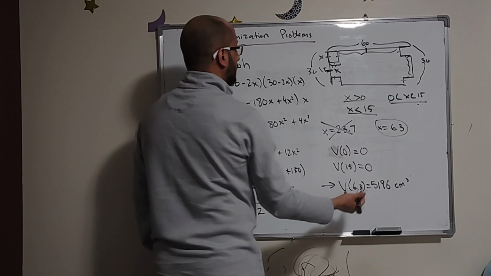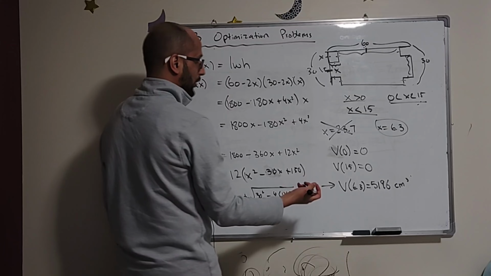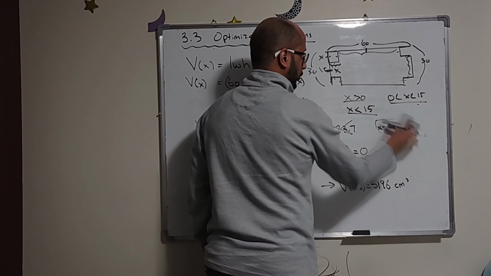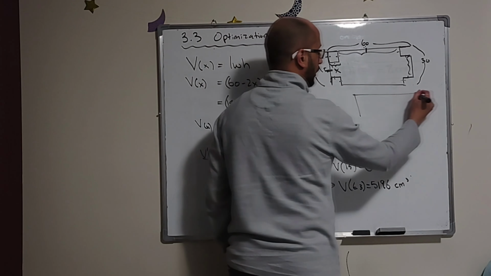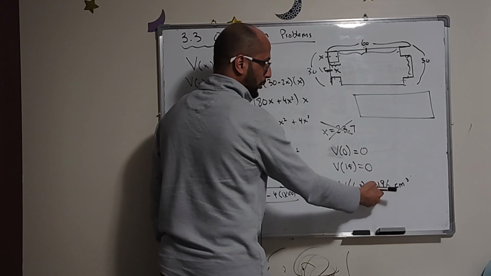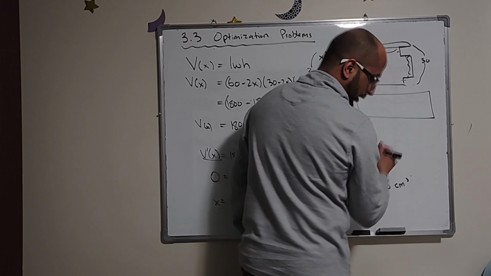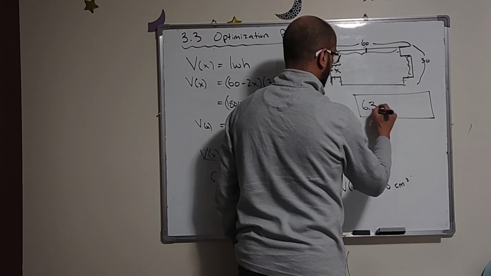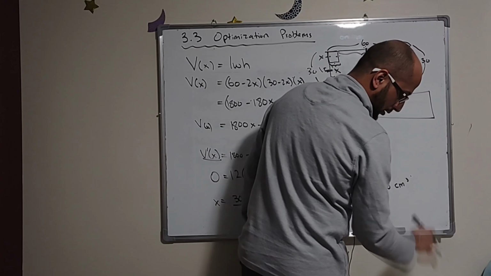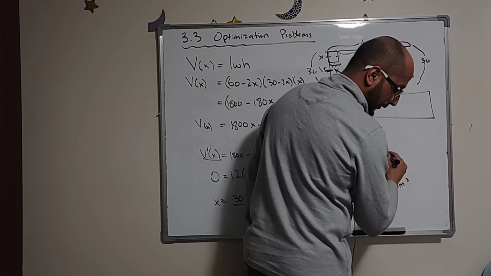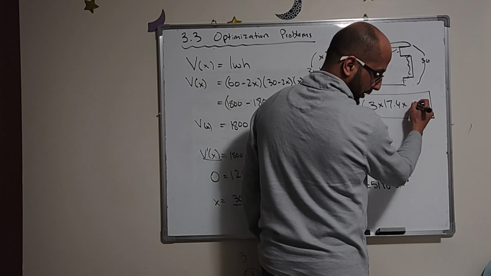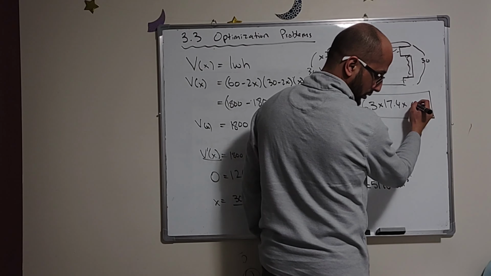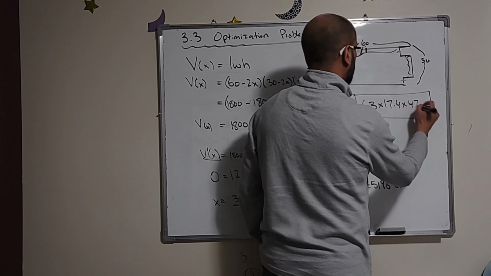If you go through with that, you will find that the dimensions that will maximize the volume and create the volume of 5,196 are going to be 6.3 by 17.4 by 47.4.